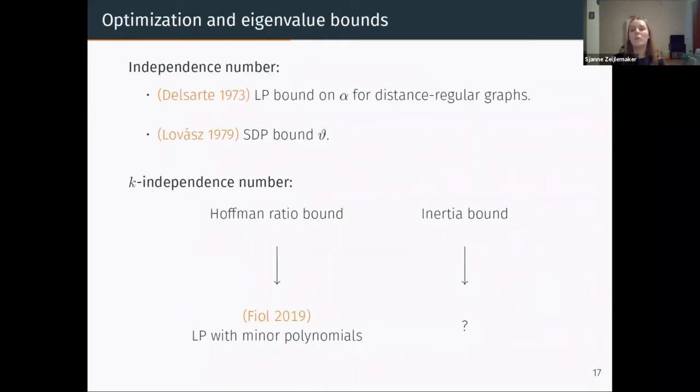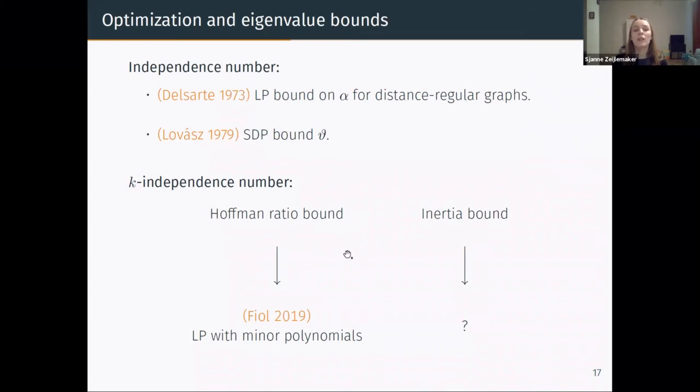Now, this idea of applying optimization to spectral bounds is not entirely new. So I mentioned before this Lovász theta number, which is semidefinite programming. But there's also something called the Delsarte linear programming bound. So this only holds for a particular type of graph, but it's linear programming, so it is a very efficient bound. And actually, this was found in relation to some coding theory problem. So it was only found much later that this also upper bounds alpha.